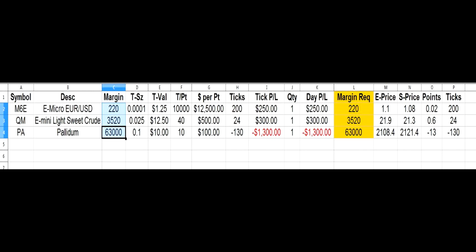So I'm just putting these three different futures products up on the screen here so that you can see that you can trade something as small as an E-micro currency like M6E at $220 margin, and you get to participate in the futures market with very limited risk. Okay, it's such a small risk.